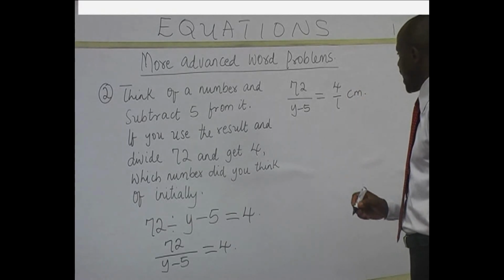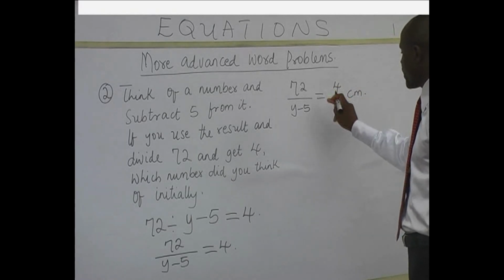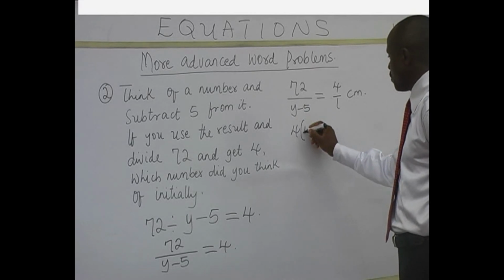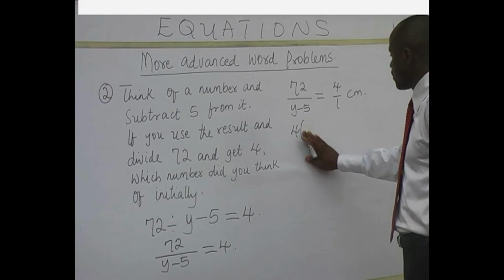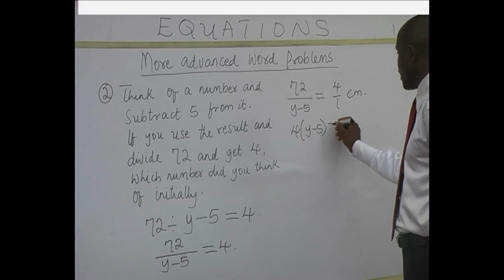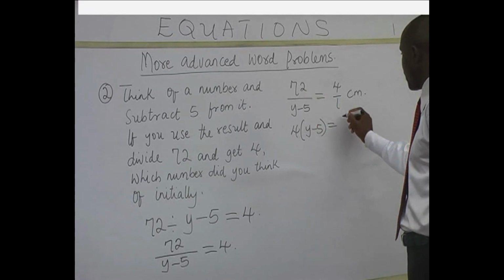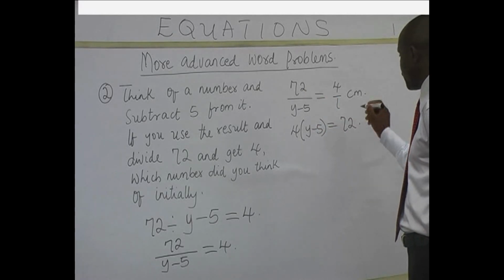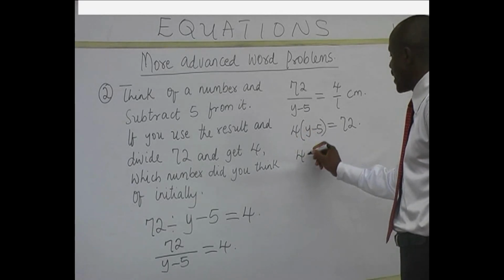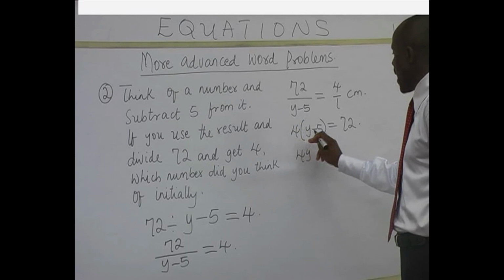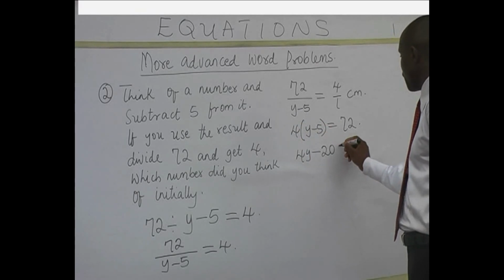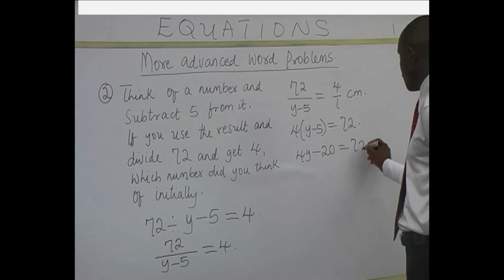Please cross multiply at this junction. 4 times y minus 5 will give you 4 into y minus 5, and it's going to be equal to 72 times 1, which gives you 72. Remove brackets. 4 times y will give you 4y, while 4 times minus 5 will give you minus 20. It's going to be equal to 72.